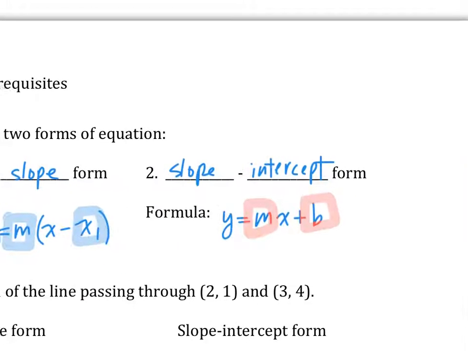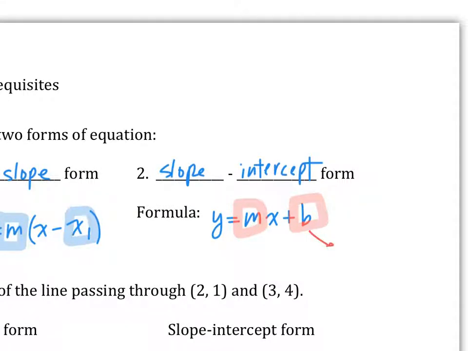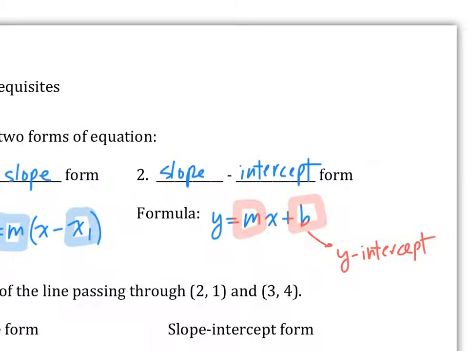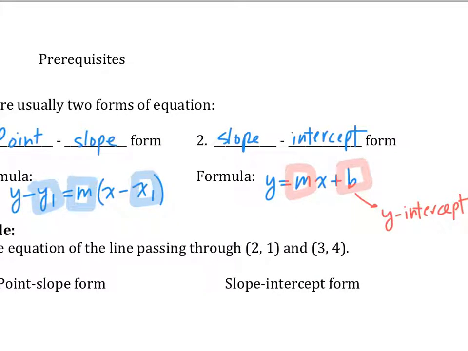So you want to make sure you understand that this is the y-intercept and not the x-intercept. So when you try to remember what goes into the formula, remember the name. So point-slope means there is a point in there and there's a slope in there. The slope-intercept form has a slope and an intercept, and that intercept is the y-intercept.